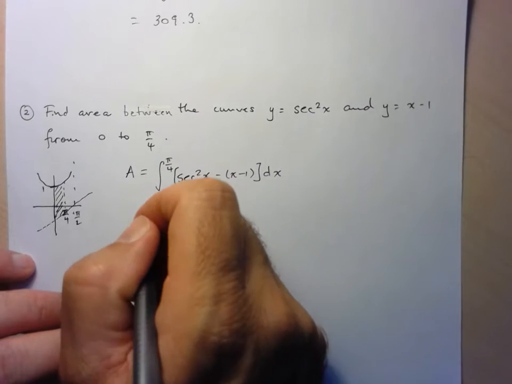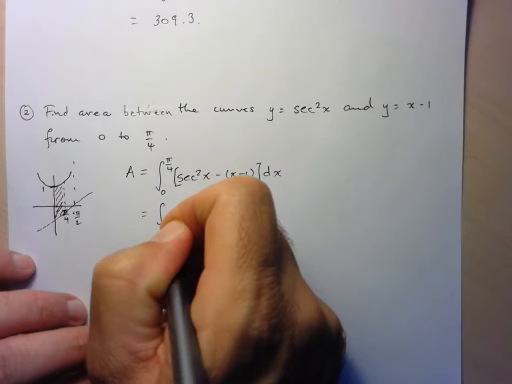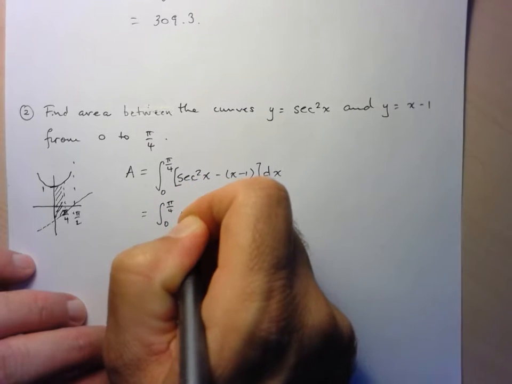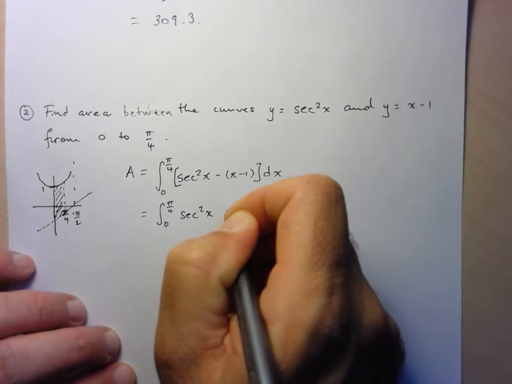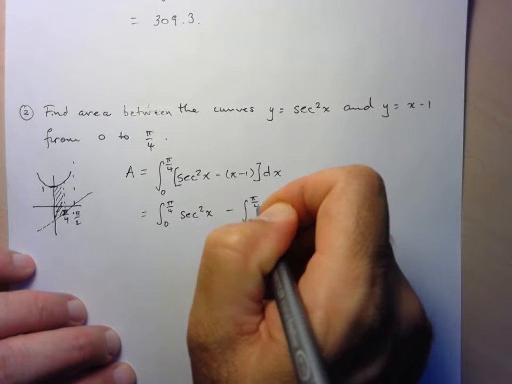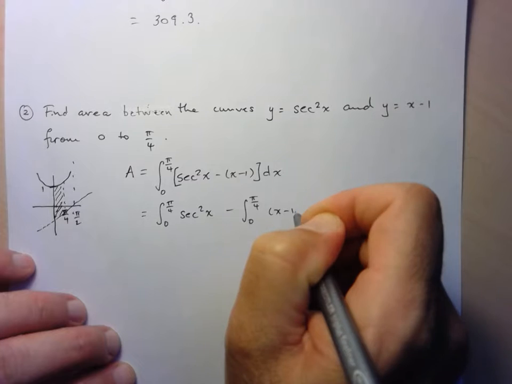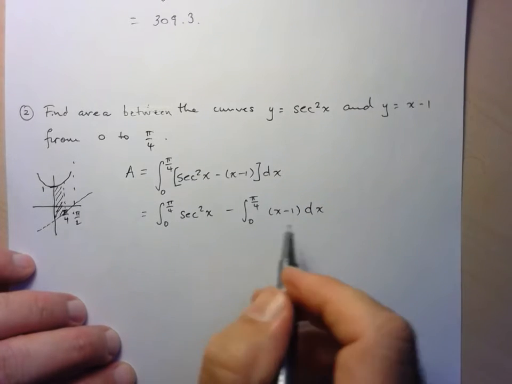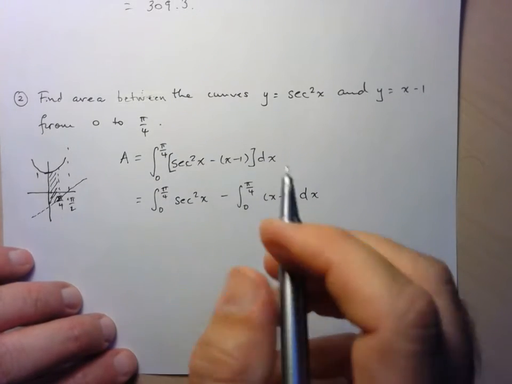Luckily, the integral of a difference is the difference of the integrals, so we can split this up as the integral from 0 to pi over 4 of secant squared x, and then subtract the integral from 0 to pi over 4 of x minus 1, and each of these individually are easy integrals to take.